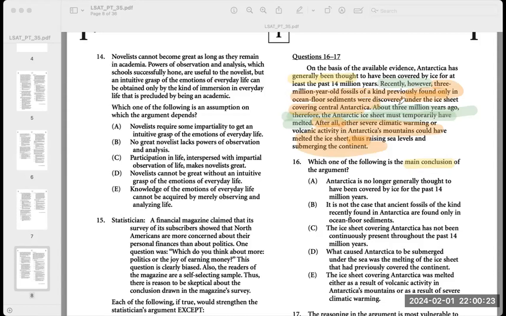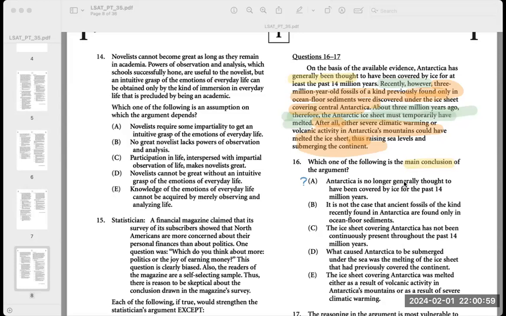So, A, it's no longer generally thought to have been covered by ice for the past 14 million years. I think the conclusion's a bit more specific than that, and I actually don't know whether that's even accurate, because we know that it had generally been thought that it was covered by ice for the past 14 million years.